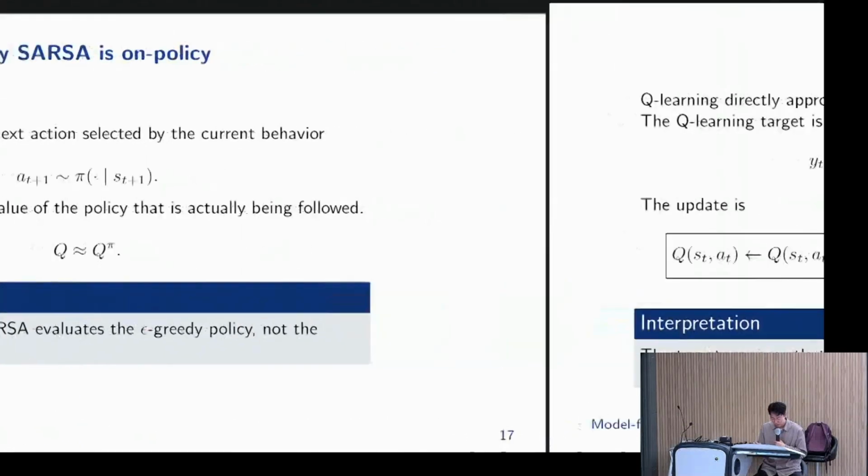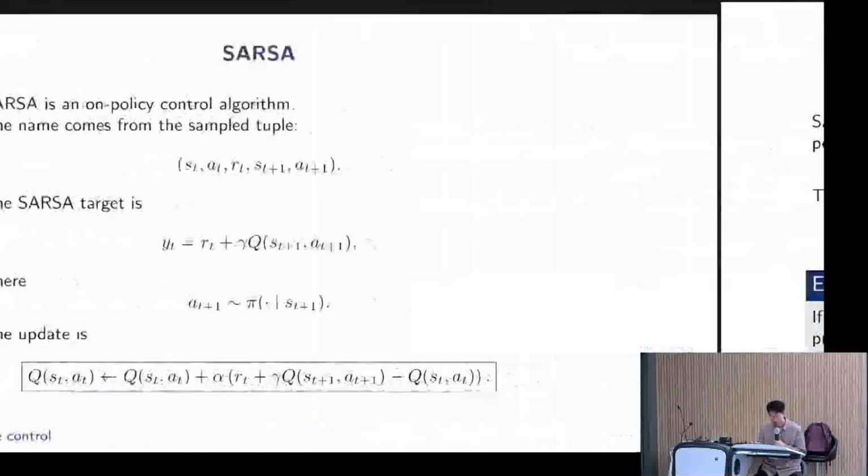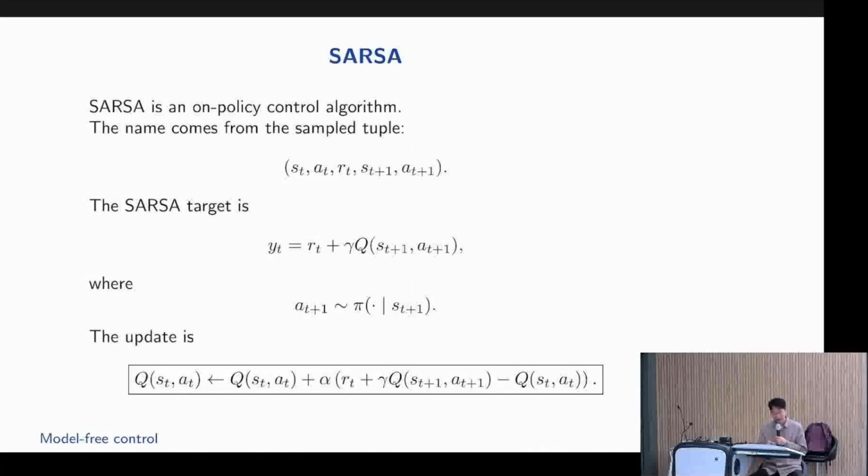I'm going to give you two algorithms, SARSA and Q-learning. SARSA, I'm going to explain what this means in a couple of slides. SARSA is an on-policy control algorithm. The name comes from this sample tuple: state, action, reward, next state, next action, SARSA. Here, the target is the Q value target: immediate reward, plus Q value of the next state and next action.